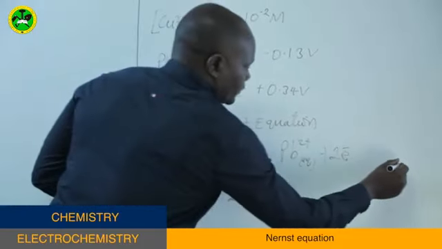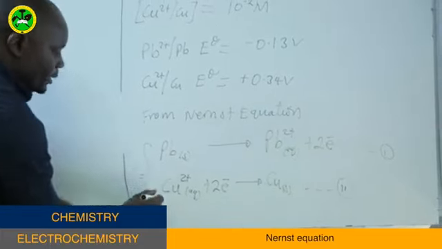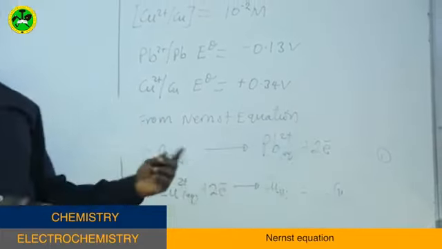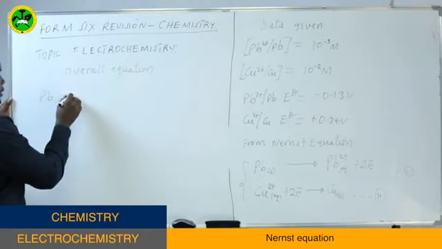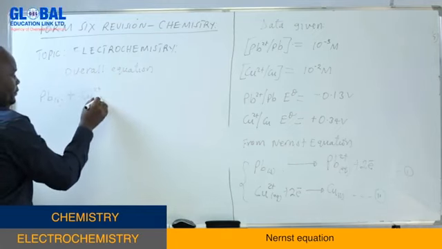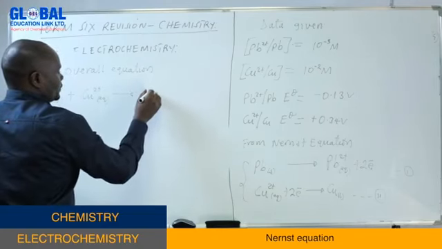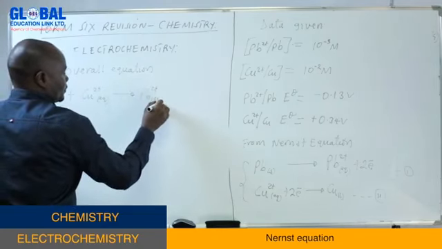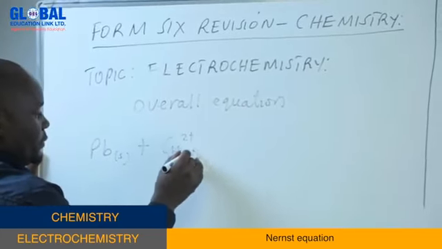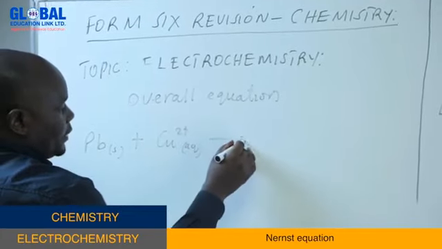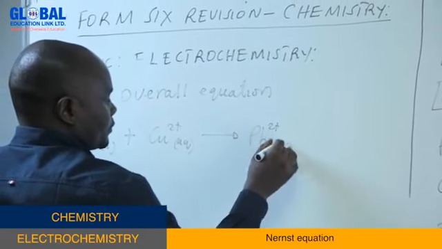So the overall equation will be lead solid plus copper 2+ ions, leading into formation of lead 2+ ions plus copper solid. So these electrons will cancel. So that is our overall reaction equation. So lead has undergone oxidation but copper reduction.